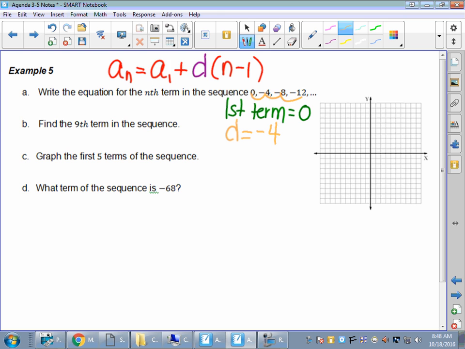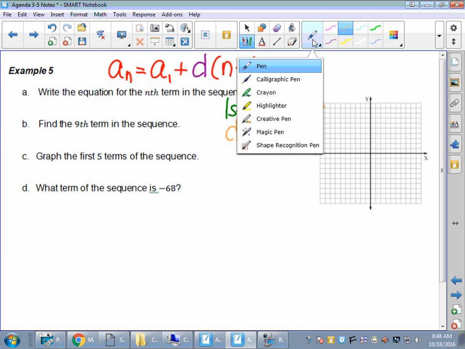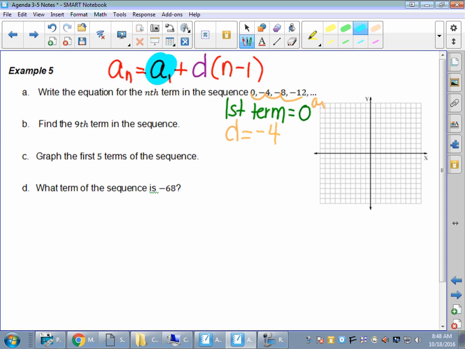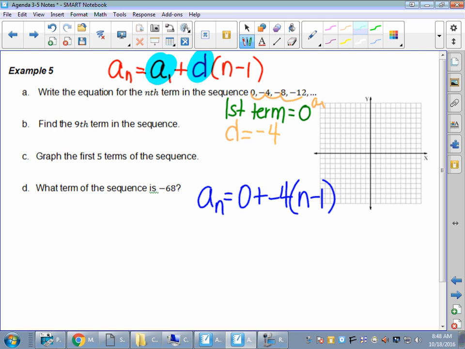At this point, we know our a sub 1, we know our d. We're going to fill those two things in, and we're going to do our distributive property. So a sub n, we're answering example 5a here. So a sub n equals, first term was 0, plus common difference, negative 4. Keep the n minus 1 exactly as it is.